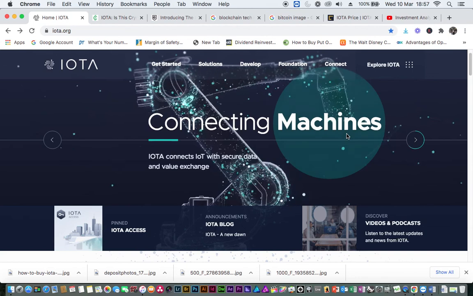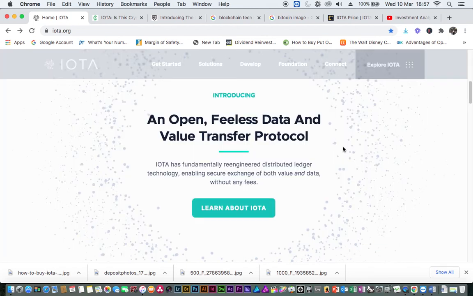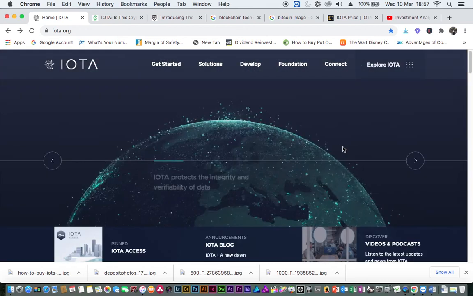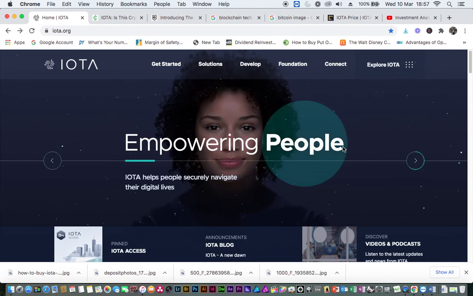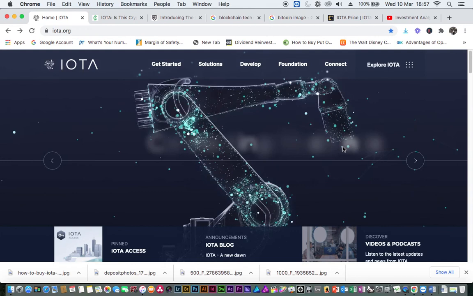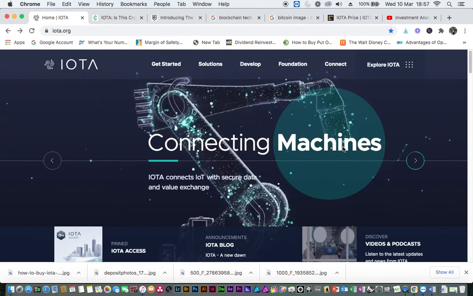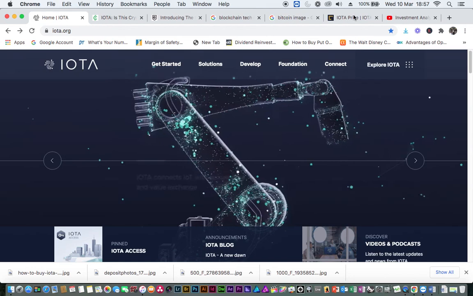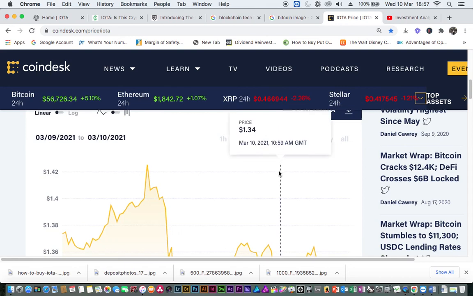Well, in my opinion, the concept and technology behind IOTA has a lot of potential. If well executed, it could become a global phenomenon that can be used on a global scale. So, is it a buy? That's the question that comes to mind. For me, yes.